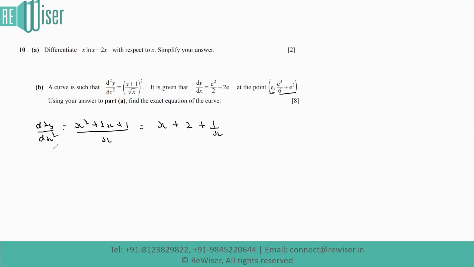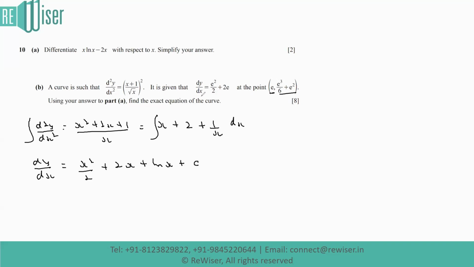Now if I integrate both sides with respect to x, I will get dy by dx, because the integration of the second derivative gives you the first derivative. The integration I'll be getting over here is x squared over 2 plus 2x, plus ln x, plus an integral constant c.